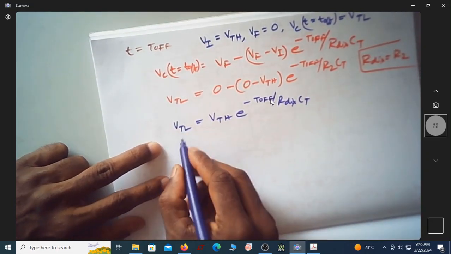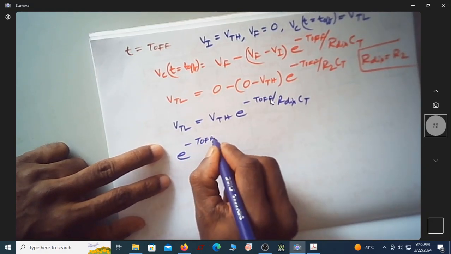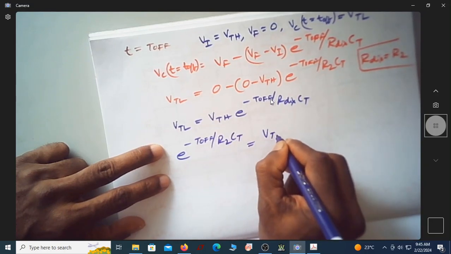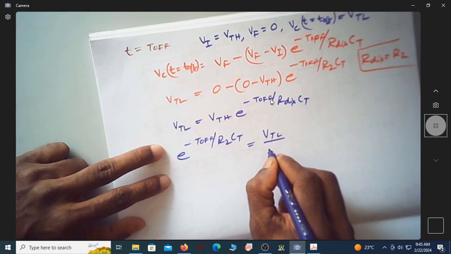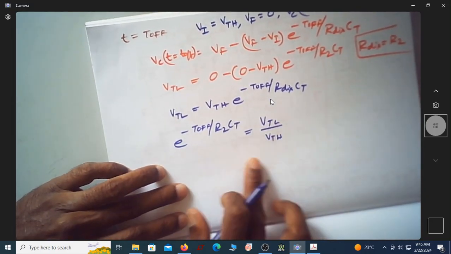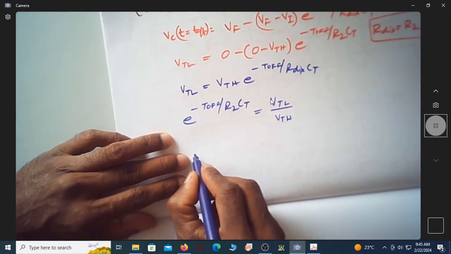Now this is the expression. Let me write e power minus t off by R2 CT is equal to VTL by VTH. Correct? This is what I have. Now I can make this positive by making this reciprocal.